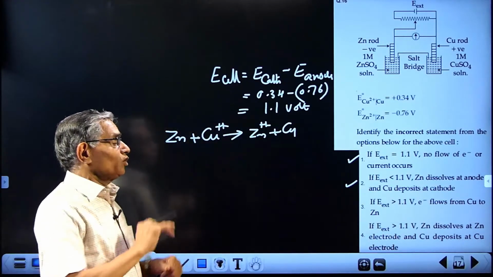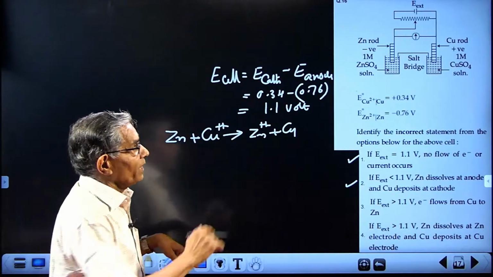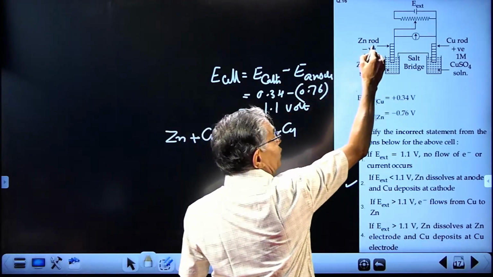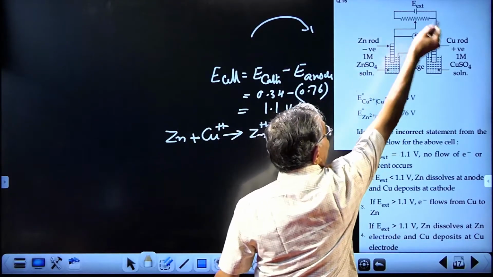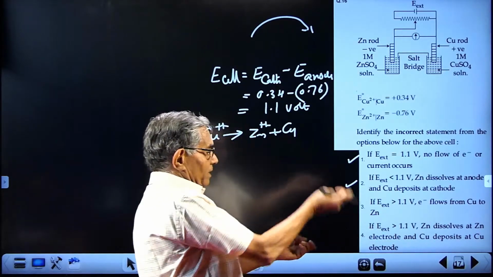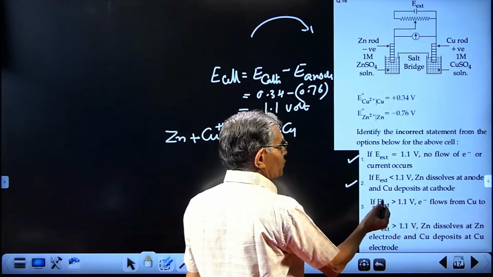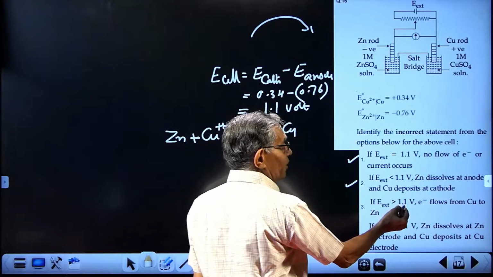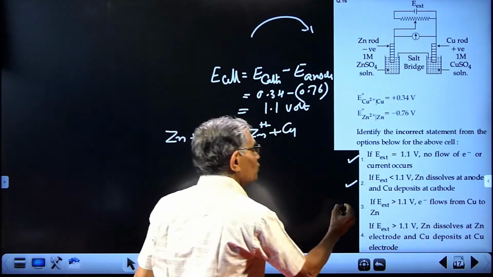Reverse reaction should occur. Normally current flows, electrons are flowing from zinc to copper, outward. But if the external EMF is greater, electrons will flow in the opposite direction, as given in 3. If the external EMF is greater than 1.1 volt, electrons flow from copper to zinc, the reverse direction, so that is also correct.